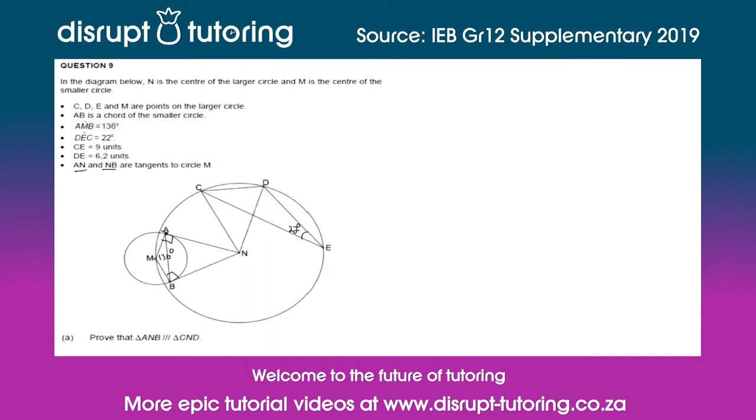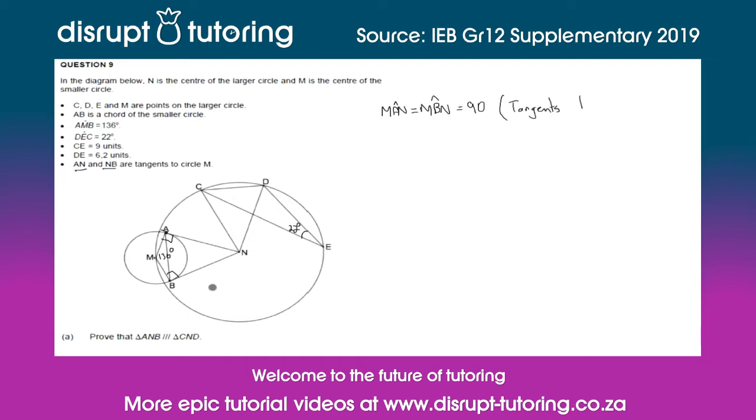So basically if we write that down, it's angle NAM equals angle NBM, which equals 90, and your reason here is tangents are perpendicular to radius. Okay, so remember to always put down your reason, especially when doing a proof.